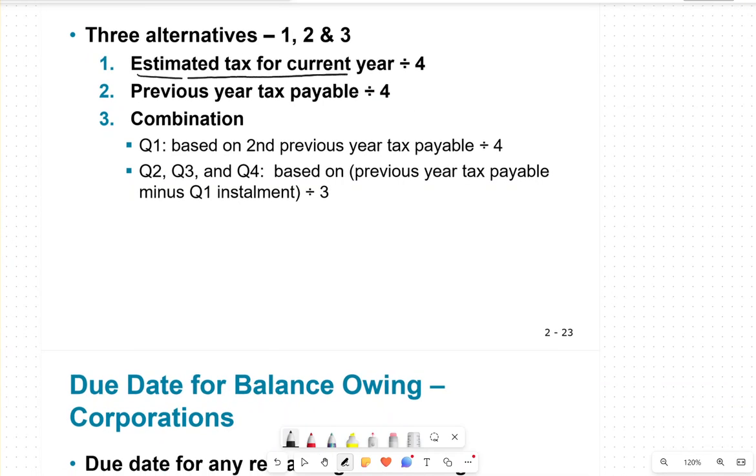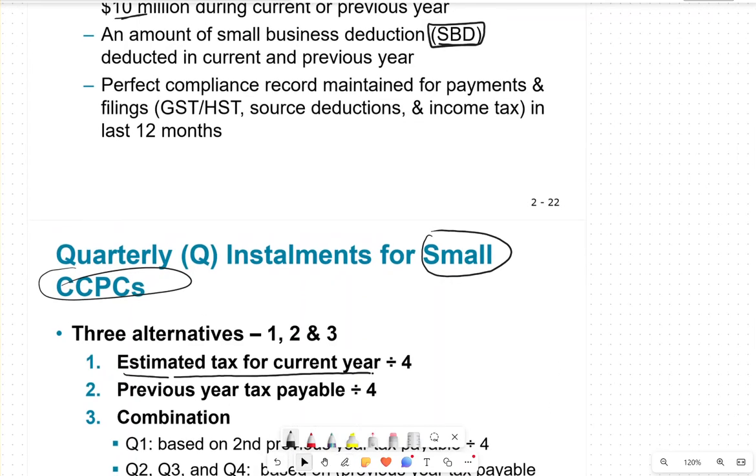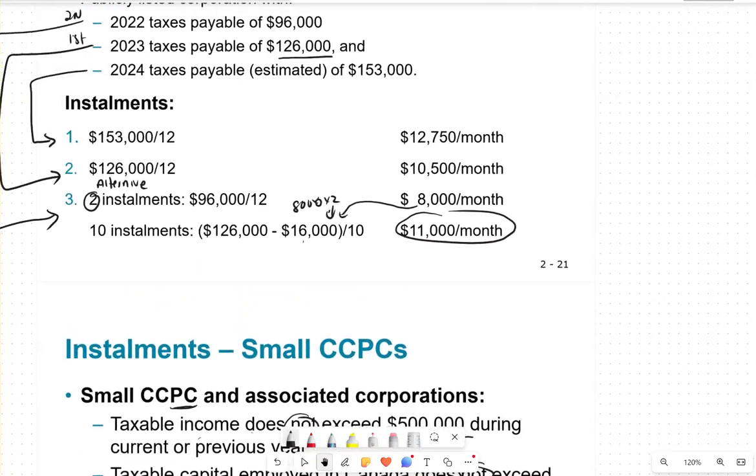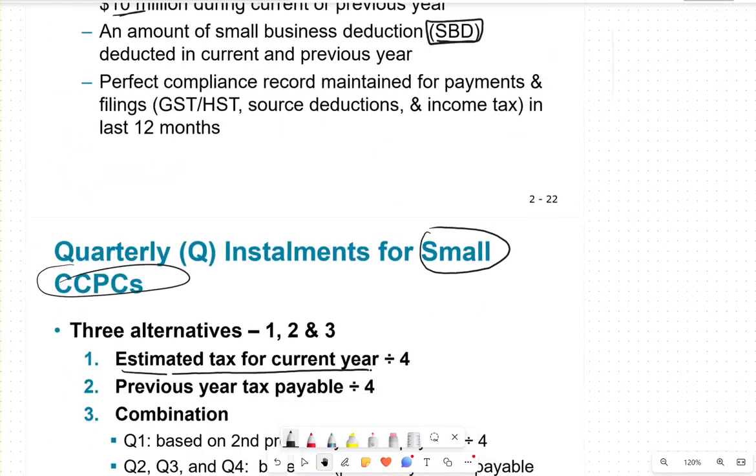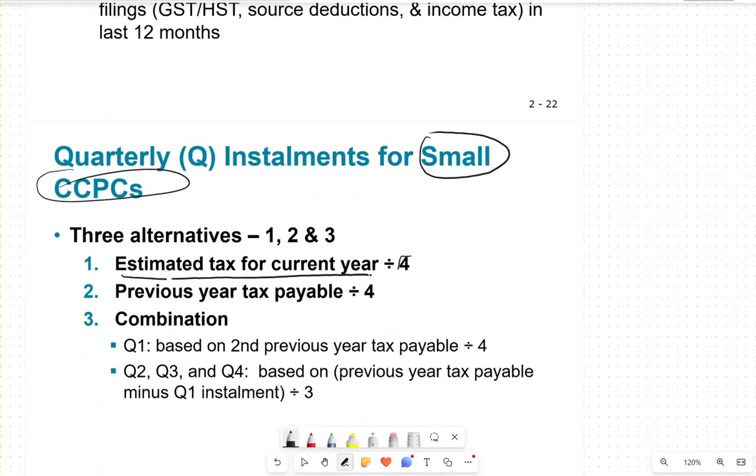Estimate the tax for the current year. So whatever my current year was, if that was the case, you will divide that by 4. Then the previous year's tax payable, you divide it by 4, whatever the payment is. Then you base it on the second preceding year, divide it by 4, and subtract it from your quarter 1 payment, and then the other one is divided by 3.